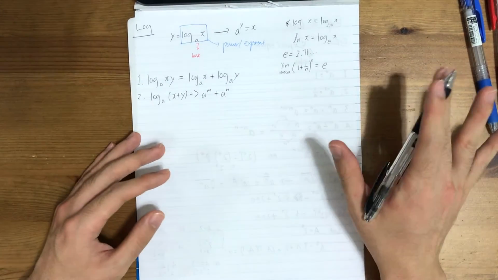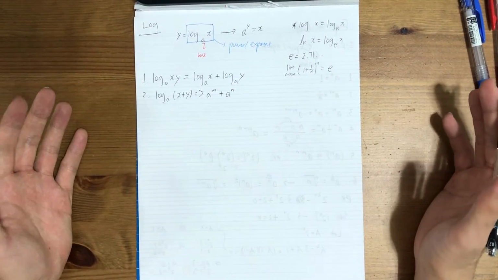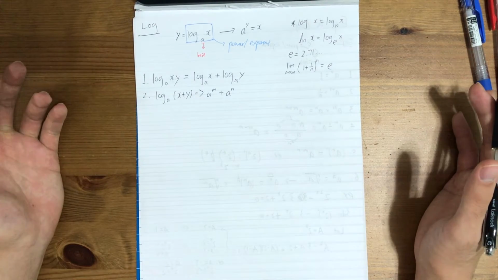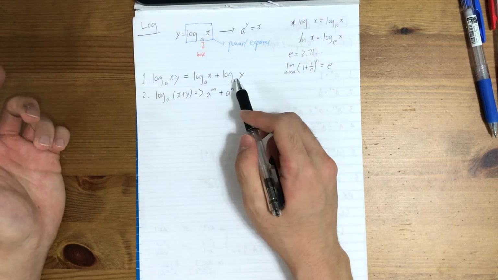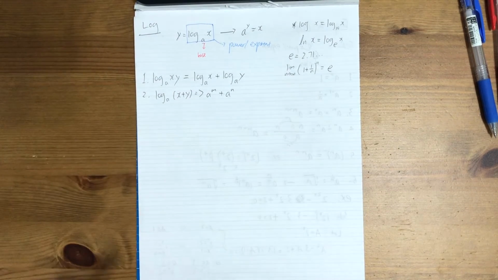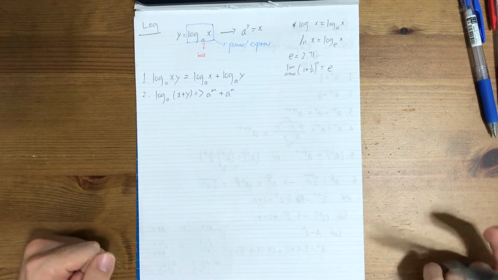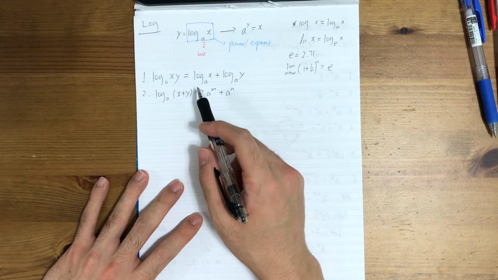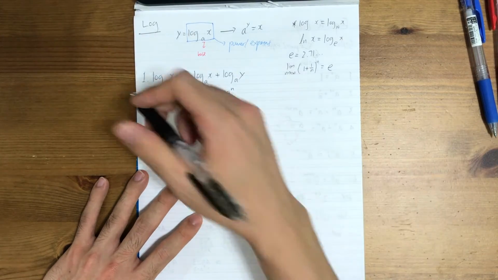Can we do anything with this? No, unless we can factorize it by the same factor of a being multiplied. We cannot do anything to the power. That's why this one doesn't have a formula, so it doesn't have a specific rule, okay? So log base a of x plus y is just log base a of x plus y. We can't do anything, okay?